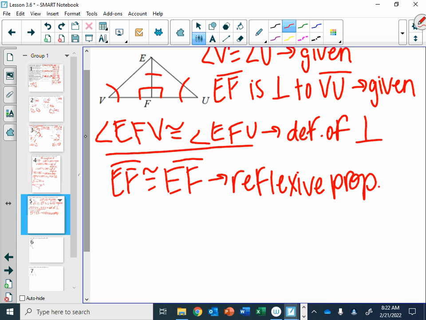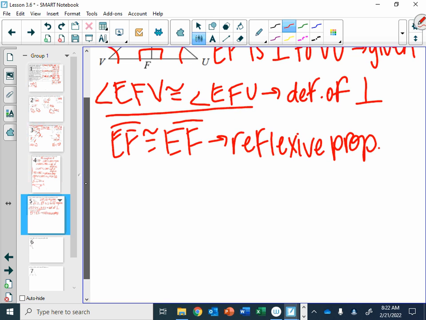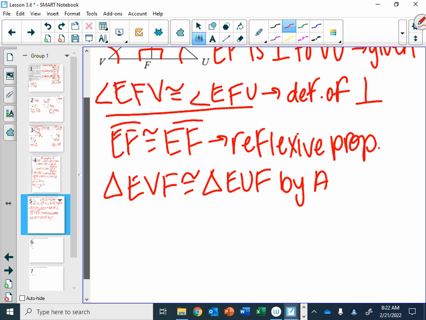Is the side in between the two angles? No. My side is over here, my angles are down here. So when you have two angles and a side and the side is not in between, that is angle, angle, side. So EVF is congruent to EUF by angle, angle, side.